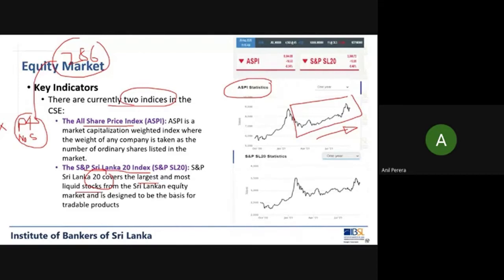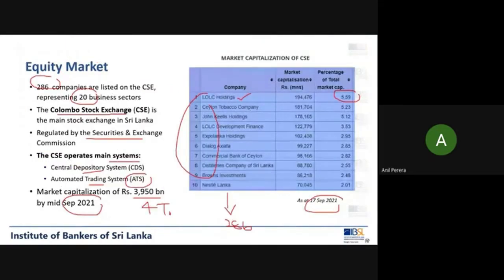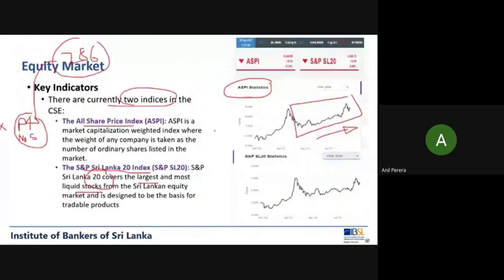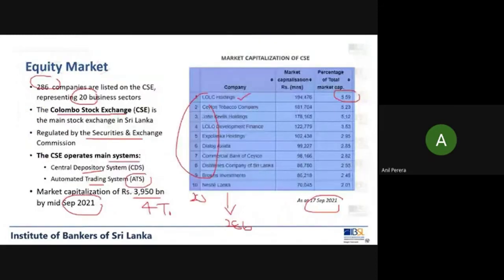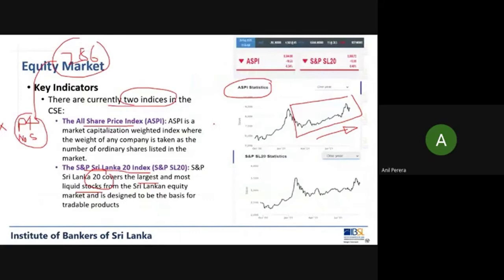Largest means from the size, which means from this table, you take 20 companies up to 20, and not only the size, you have to see whether those stocks are being traded. So you look at their tradability as well as size, and you calculate a similar index based on their prices and the number of shares to see the performance of these largest and most liquid companies.